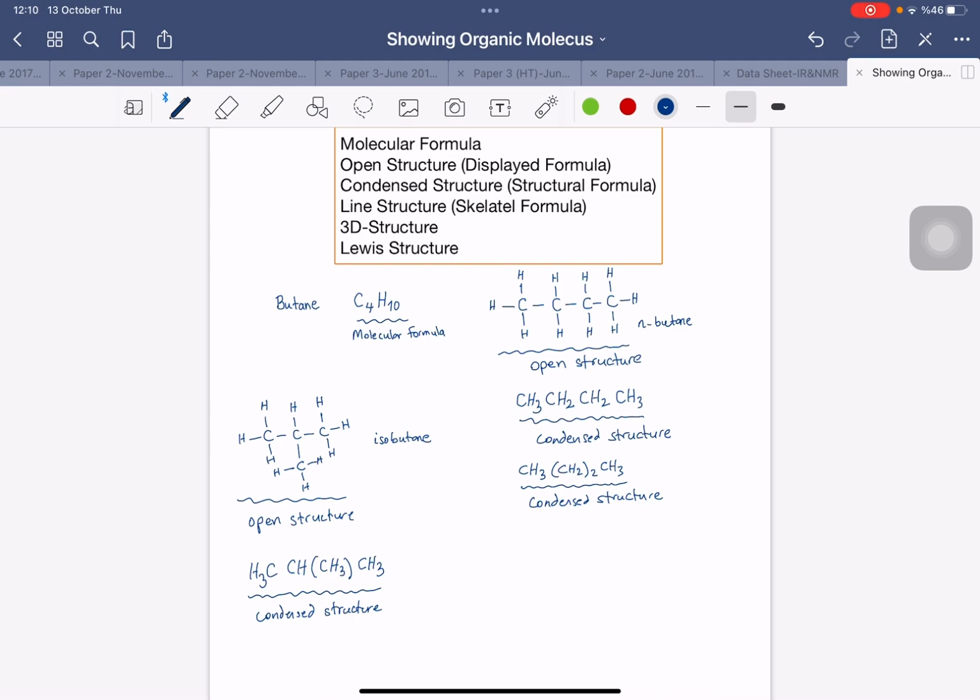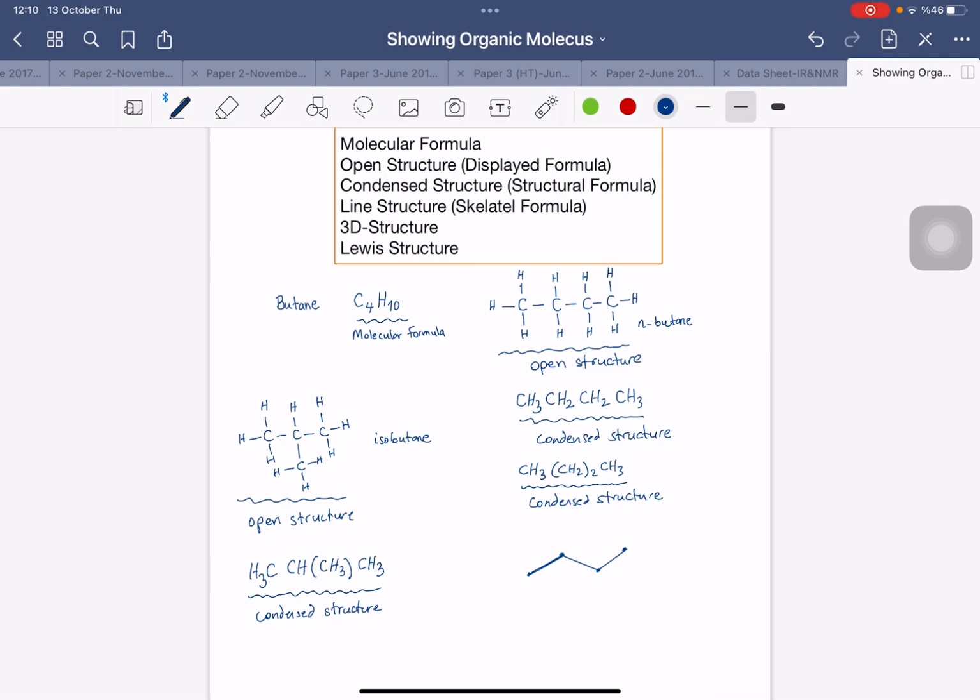In N-butane, I have 4 carbon atoms. Therefore, I will put 4 dots and connect them by a bond. This is a carbon-carbon bond. This is also a carbon-carbon bond. This is also a carbon-carbon bond.